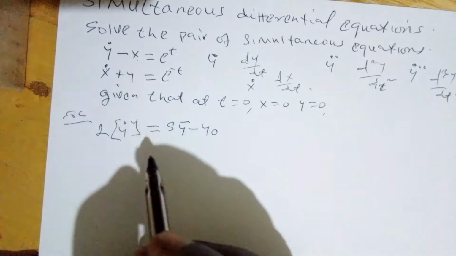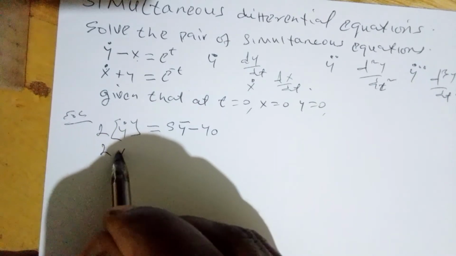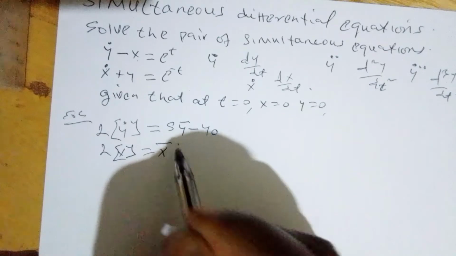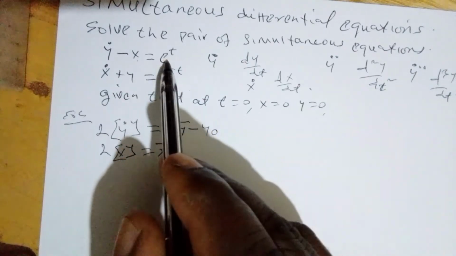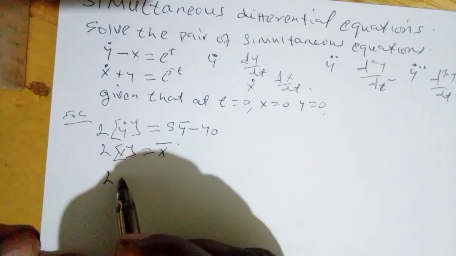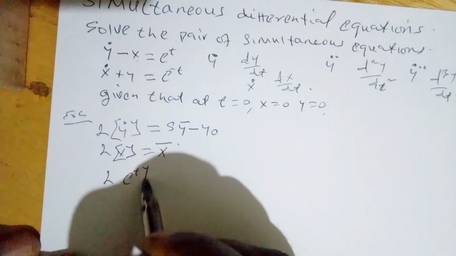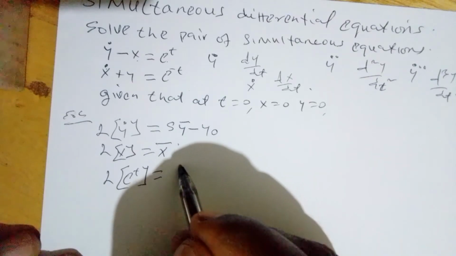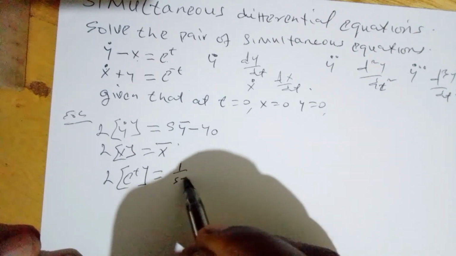The Laplace transform of x equals x bar. Then the Laplace transform of exponent t equals 1 over s minus 1.